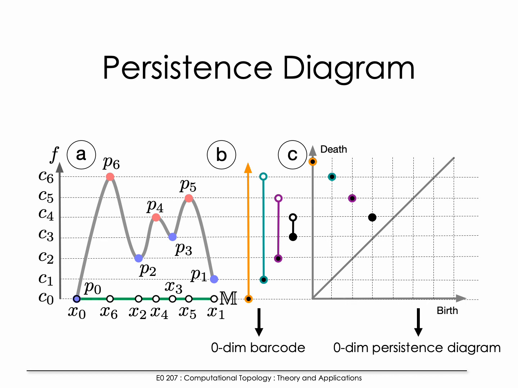Now we have one critical pair, which is P sub 3, P sub 4. So the component that was created at P sub 3 is destroyed at P sub 4. This is shown in black. So the lifetime of this feature is shown in black.